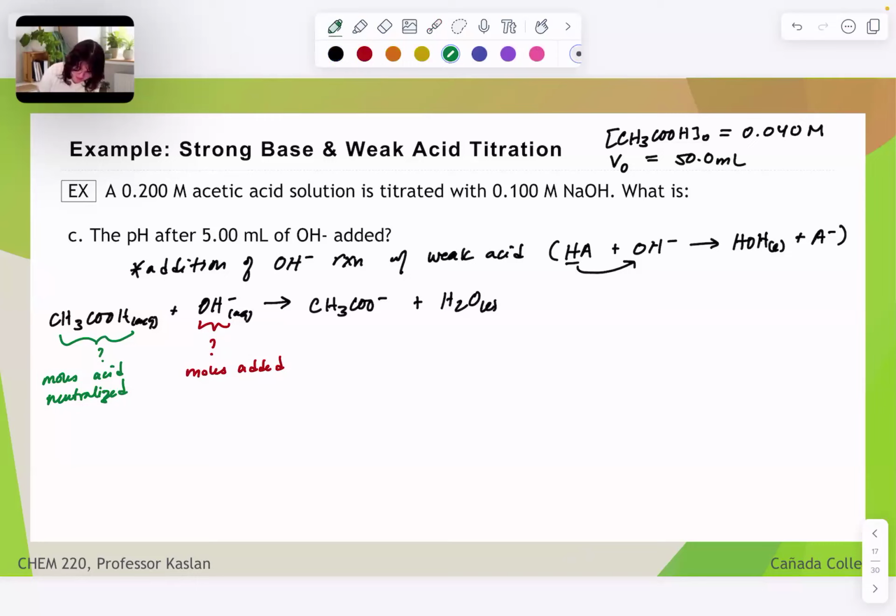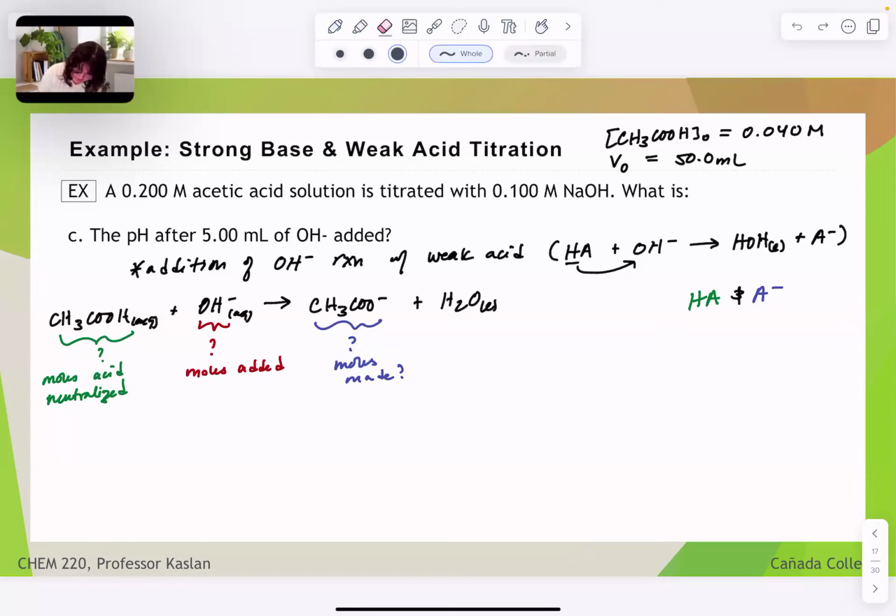So we need to figure out now the moles of acetic acid made, because the fact that we have HA, acetic acid, and A minus, acetate ion, in the beaker together means we are a buffer.